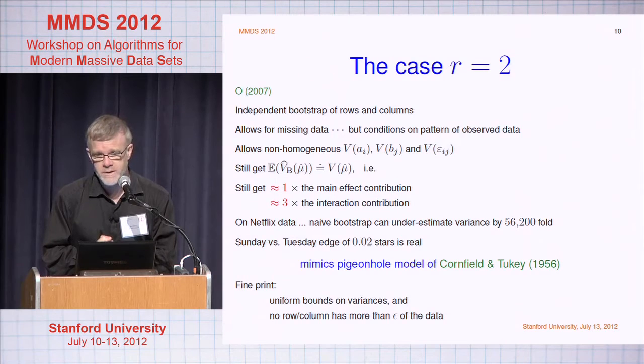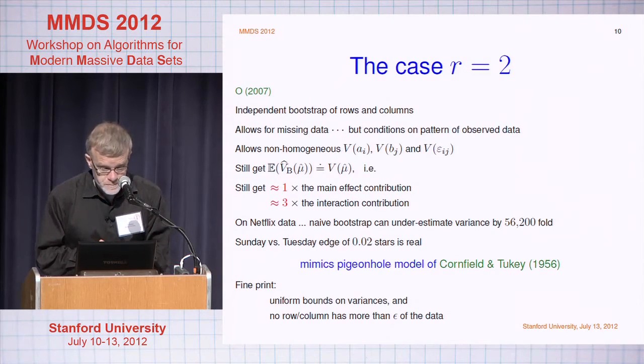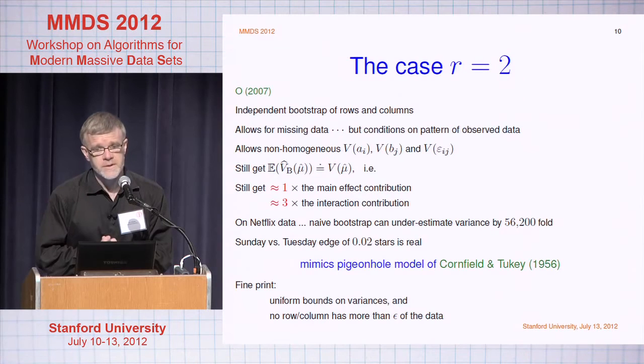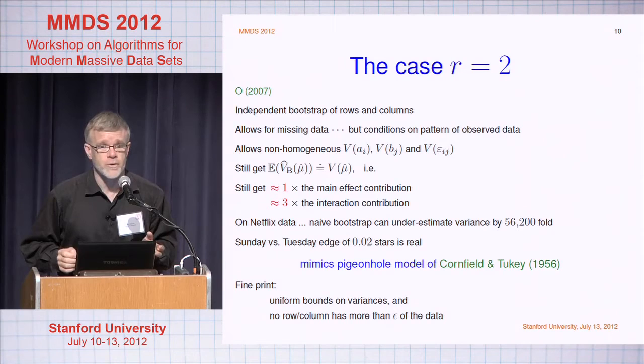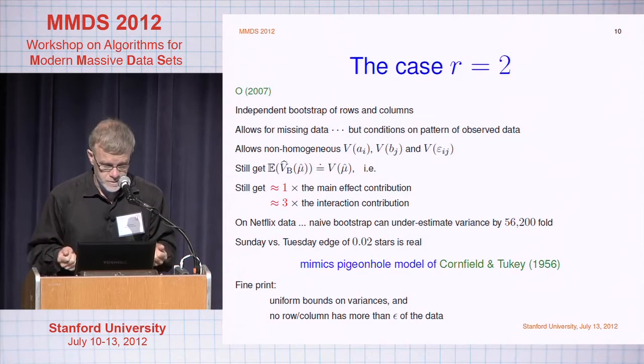Some of them just give 1s, some of them give 1s and 5s, some of them give 3s and 4s. Okay. If you do the naive bootstrap, you can show that it will underestimate the Netflix variance by potentially a 50,000-fold or more. So it would be really bad luck if you present a variance and you're under by 50,000.